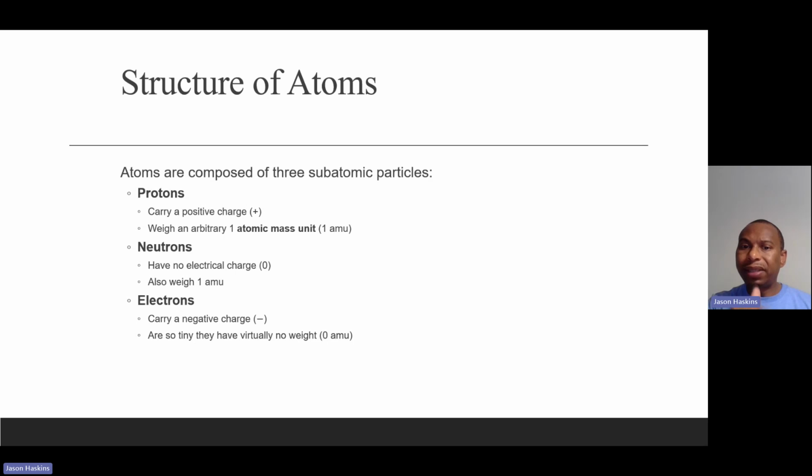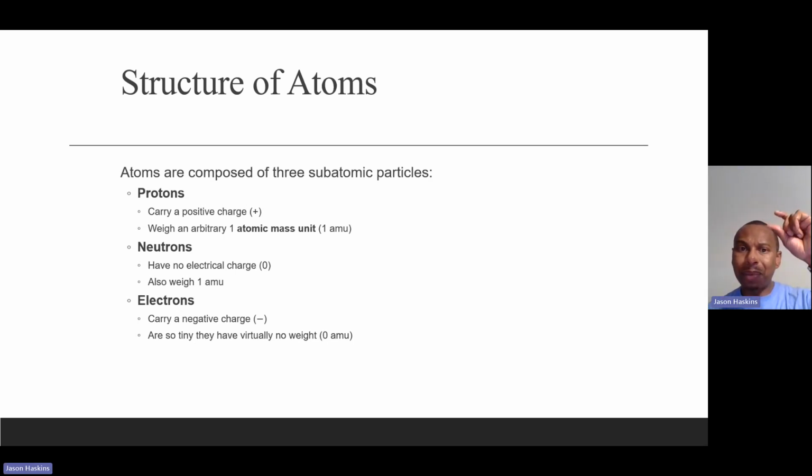So the number that we see at the bottom when we're looking at a periodic table represents the number of protons plus the number of neutrons inside of that nucleus of that atom. The top number that we see when we're looking at the periodic table is going to represent the atomic number, or the number of protons that are present inside of that particular element, right?